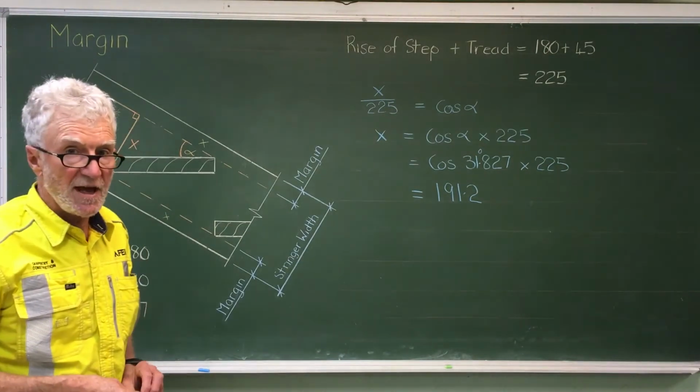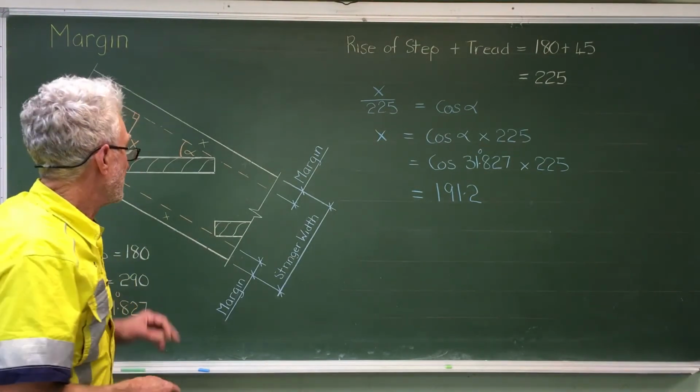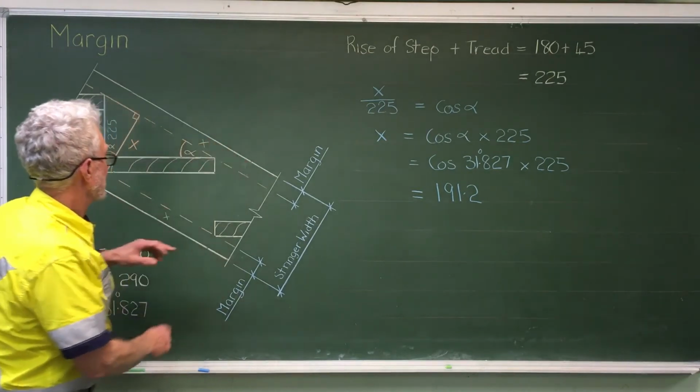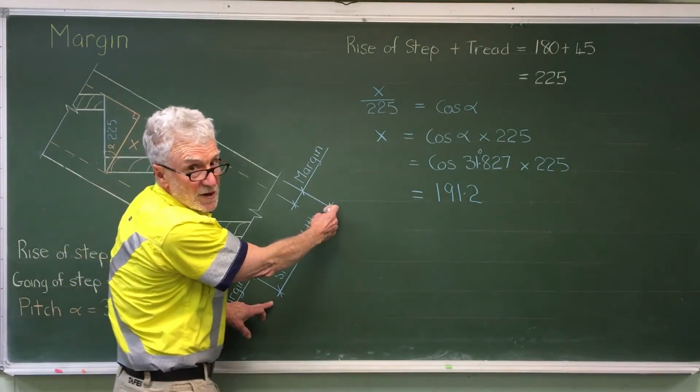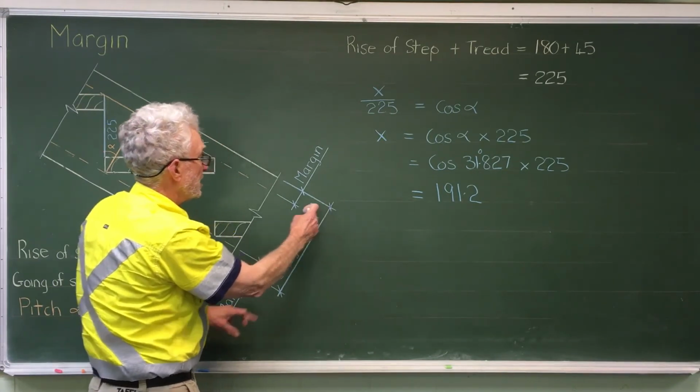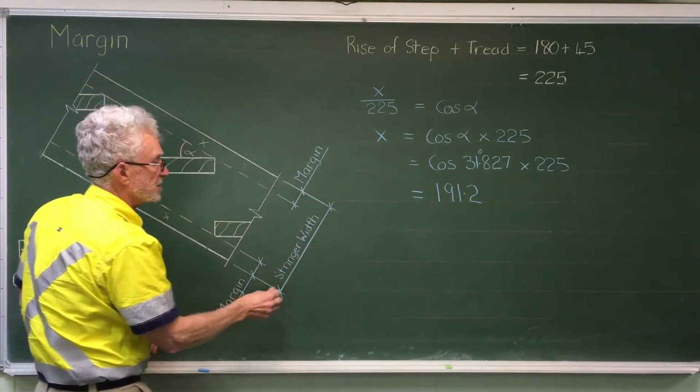Okay, so now we can calculate these two margins. We know distance x, we know the stringer width is 290, and we've got two margins.